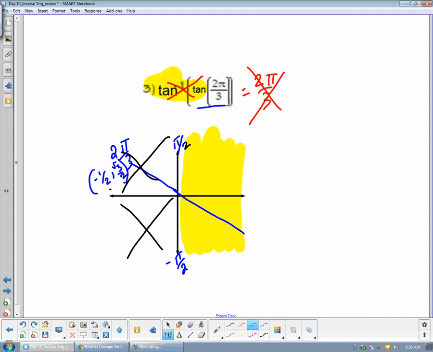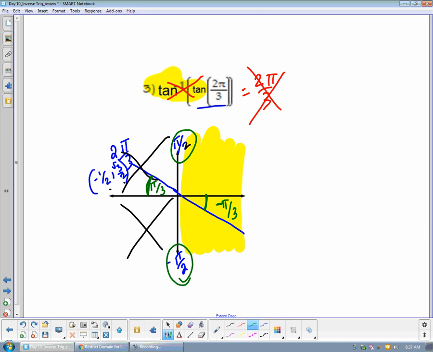2 pi over 3 has a reference angle of pi over 3 right here in the second quadrant. Well, if you notice the vertical angles I just created with this blue line, this reference angle is also pi over 3. But if I think about this in context of my domain for tangent from negative pi over 2 to positive pi over 2, my reference angle for my final answer actually needs to be negative.